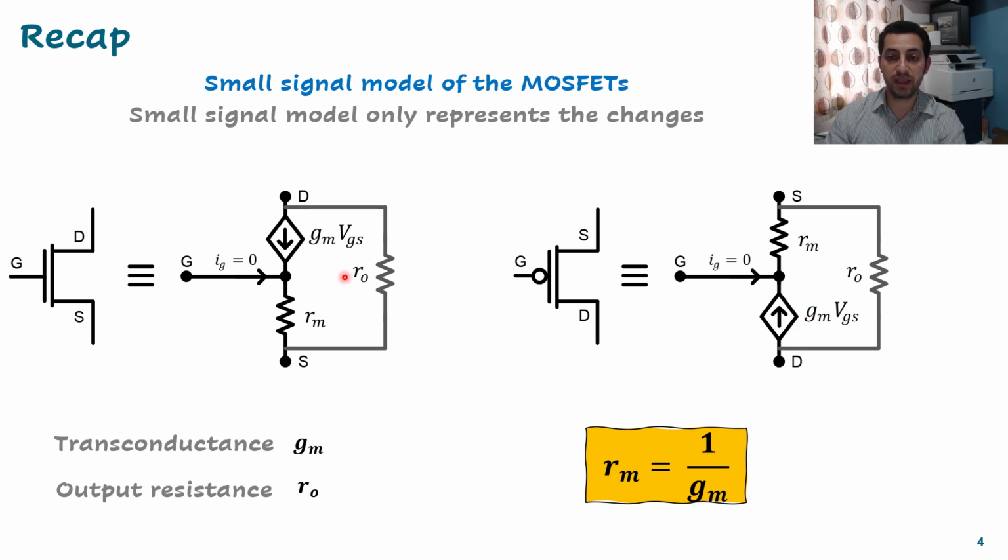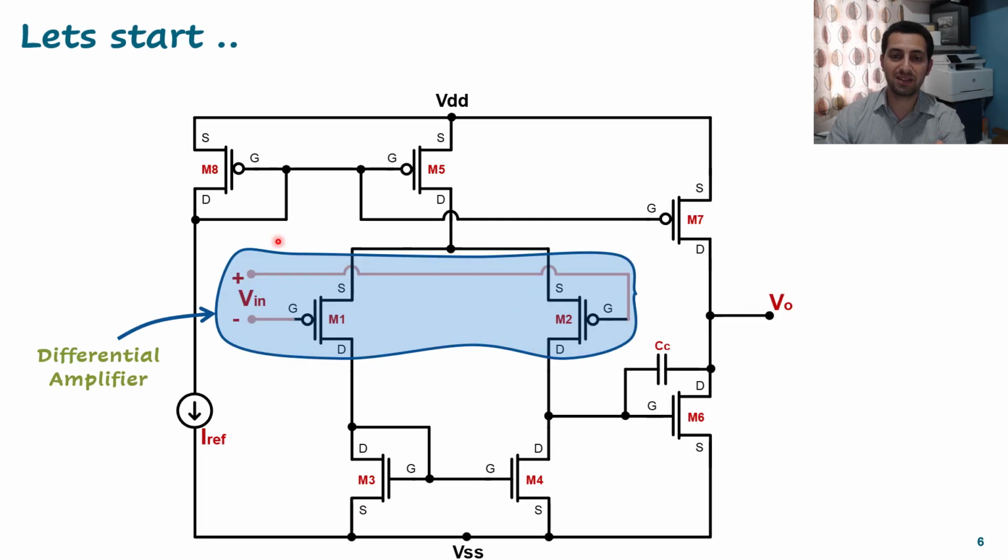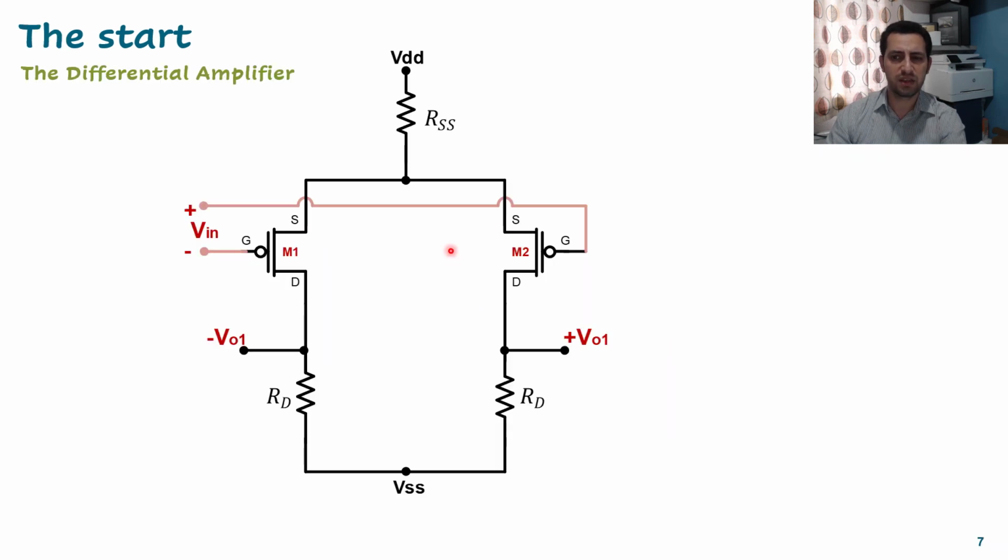We will take these two small signal models to our design and start looking at the basic structure of a differential amplifier, and how we can use the small signal models to analyze this circuit, and to build up more blocks around it. Here we have VDD, and that VDD is pushing current through RSS, and that current is divided equally to the right and left, because we assume identical branches.